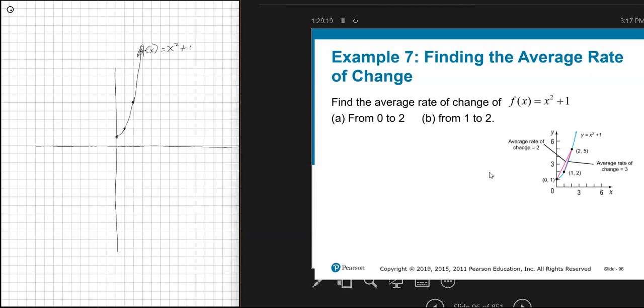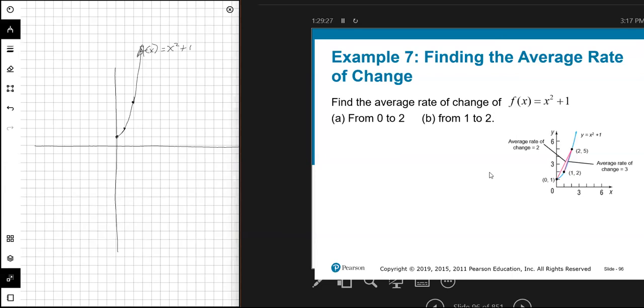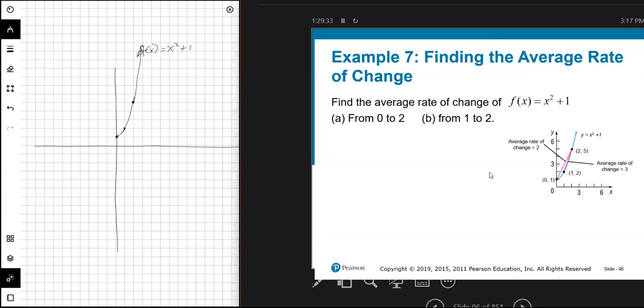So we're going to look at two things. We're going to look at the average rate of change between these 2 points. You can barely see that line, right? Let me make it a little thicker. These 2 points and the average rate of change between these 2 points.